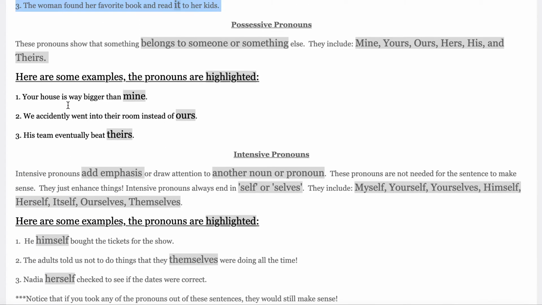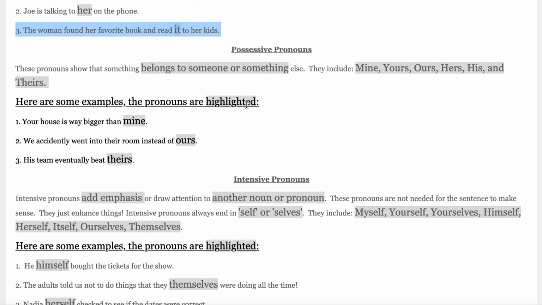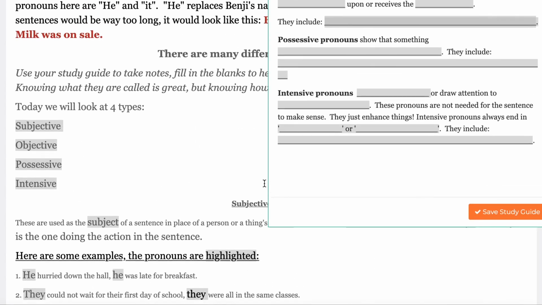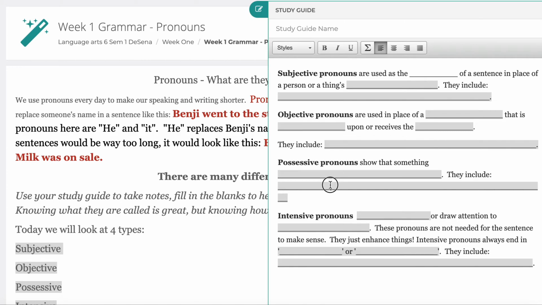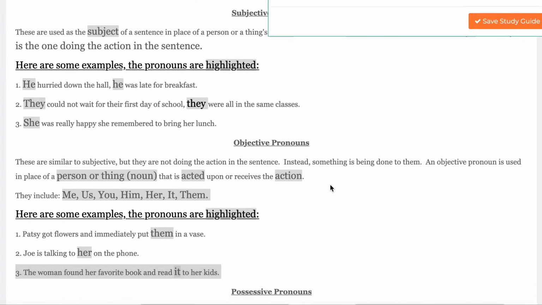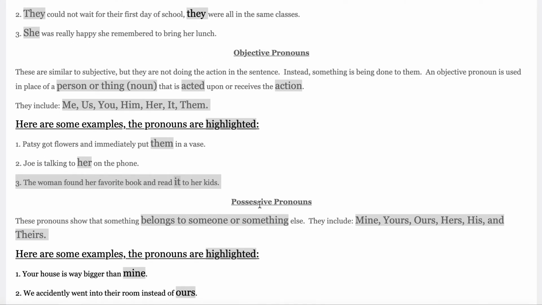I've got two more types of pronouns here. I've got a possessive pronoun and an intensive pronoun. So remember, you can take notes here in your study guide. So possessive pronouns, think about something you possess. It's something you own or you have and it's yours. So possessive pronouns show that something belongs to someone.